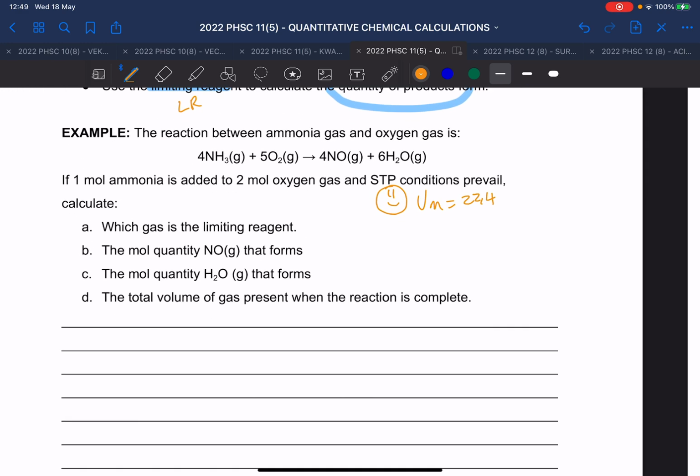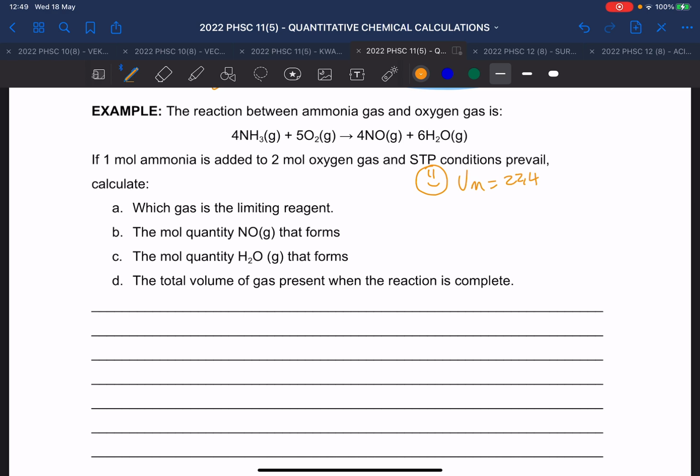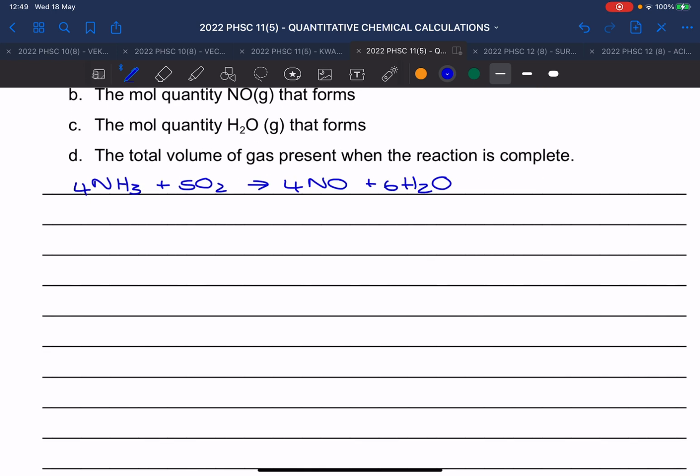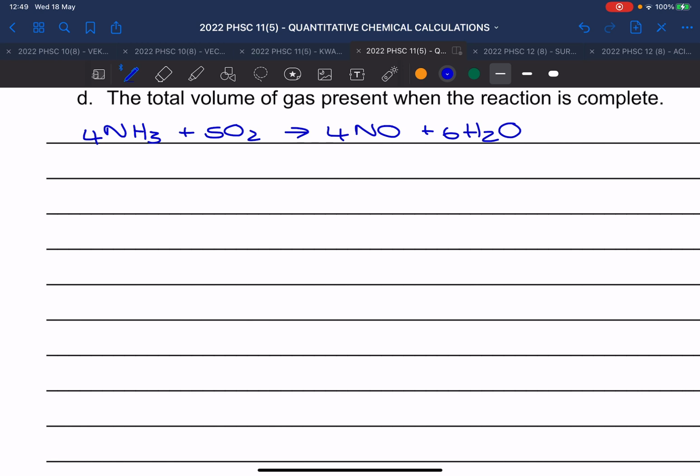Okay, now in a test or an exam, before you calculate anything, you are going to start with your mole table. Let's go over the mole table again. You first write down your balanced equation. You don't have to fill in the phase subscripts, just your balanced equation. And then just underneath that, you write down your mole ratio.